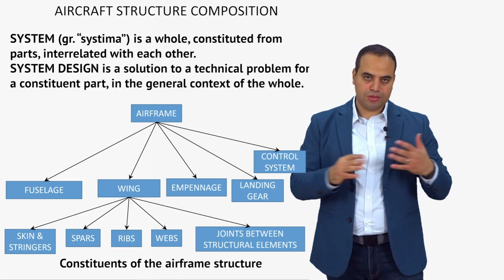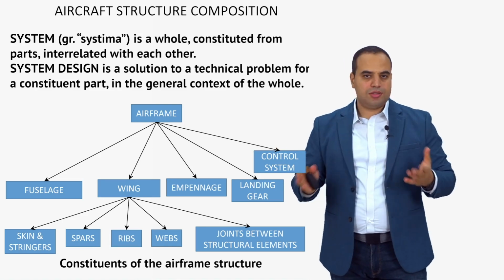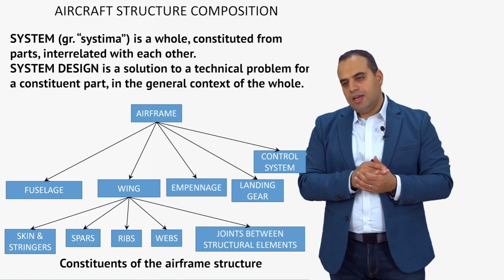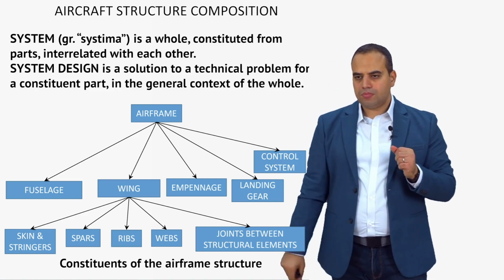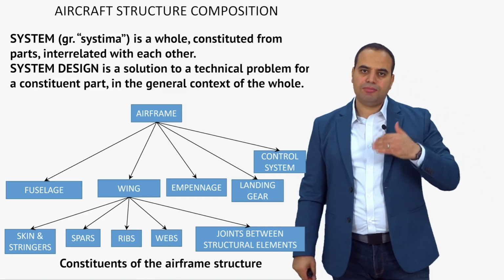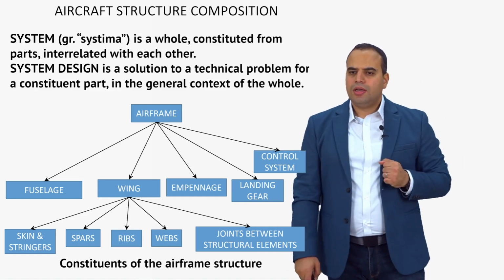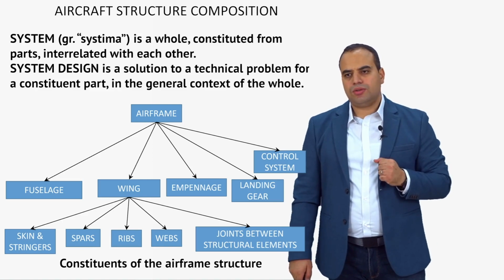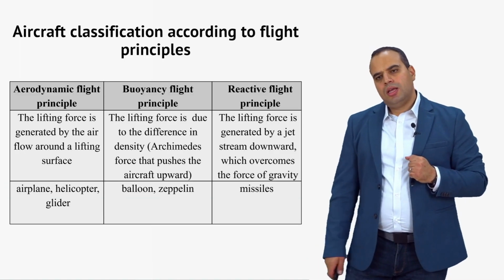Which is very important, because you have an aircraft which is a puzzle of, for example, 10,000 or even more small parts, which are grouped into bigger parts and so on. So we have a classification system in order to identify which part belongs to which unit. I think we're going to see this also in some subsequent courses and lectures.